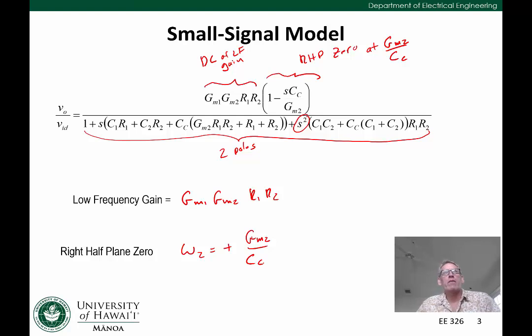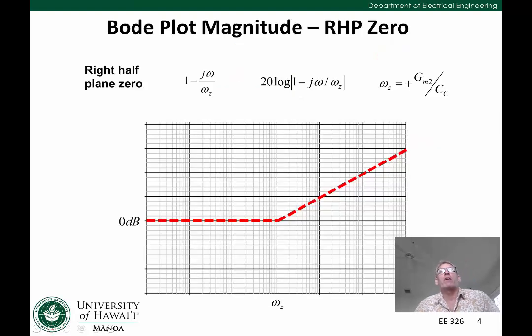Okay, now to discuss a little bit more about the effect of this right half plane zero, just a little reminder of what the Bode plot is going to tell us. I want to look at the magnitude and the phase of the Bode plot response of a right half plane zero, where we have a zero, but it has this negative sign associated with it.